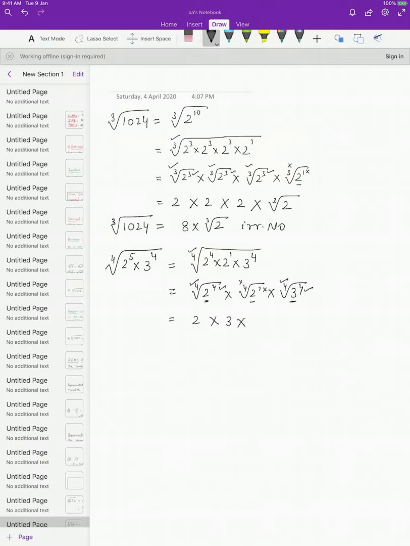The only number which cannot come out is this, so it will remain within the fourth root. So it is equal to 6 into fourth root of 2, which is also an irrational number, and this is the simplified form of fourth root of 2 to the power 5 into 3 raised to the power 4.